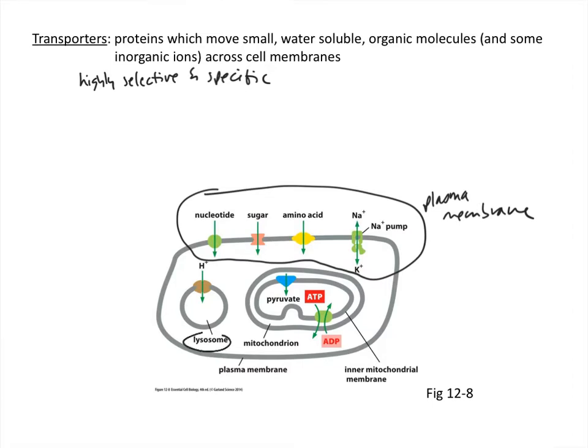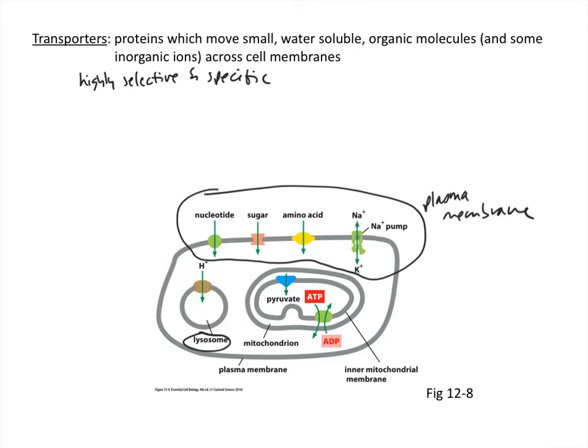Another example is the lysosome. As a reminder about the function of that organelle, the lysosome is the garbage disposal or recycling center of the cell, and so they will take larger molecules and break them down into smaller parts, and one of the main ways that this can be accomplished is through the proton pumps. So proton pumps here are going to bring protons in.